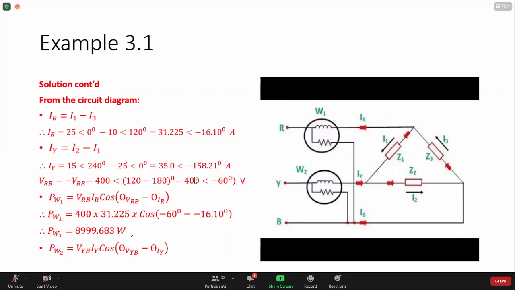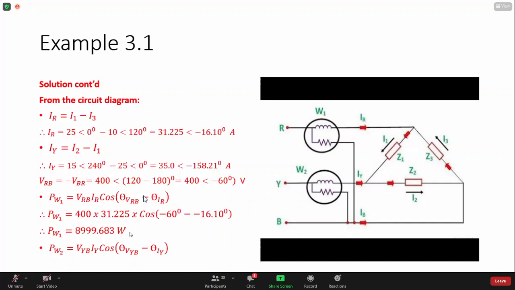And if you look at the Cartesian map or the Argand diagram, you will see that minus 60 is opposite to 120, a straight line down. If you use a protractor to measure, you will end up at minus 60, which is also equal to 300, since 360 minus 60 is 300 degrees. So I could have written it as 400 angle 300 degrees.